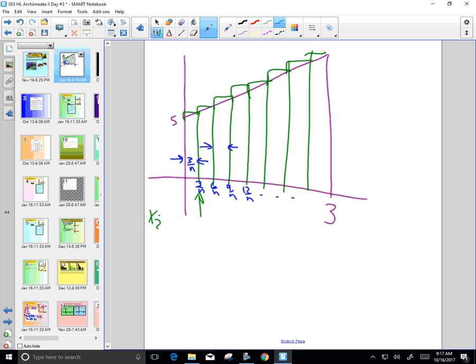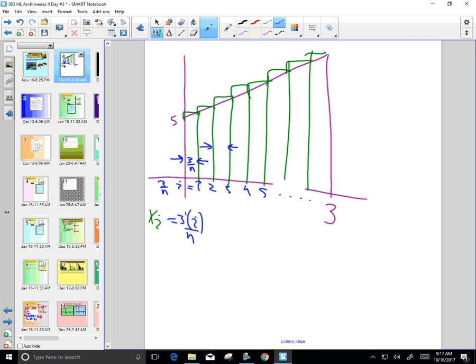So what we can do with that is we can take out a 3 over n and just call this rectangle 1, 2, 3, 4, 5, all the way to that n. Now, but it's times 3 over n. So each xi can be replaced with I, and then we multiply by 3 over n.